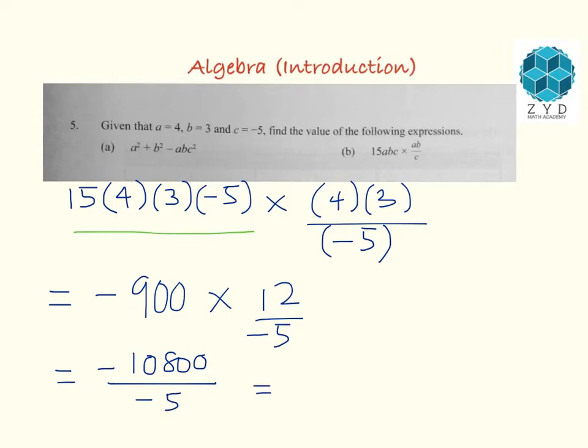So let's take a look. We have a negative sign here and a negative sign here. When two negative numbers are divided by each other, you will get a positive number. So your answer finally will be 2160, the same as how we did it in the previous method.